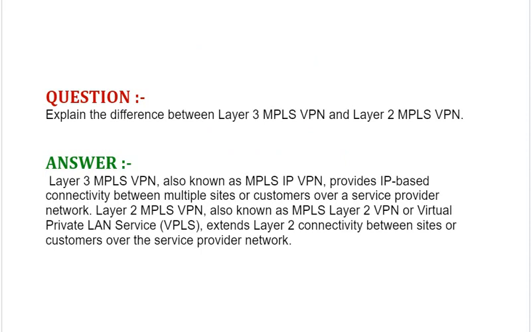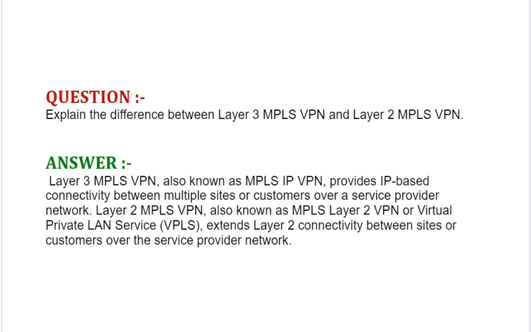Our interview question based on Service Provider Advanced Routing Solutions is: explain the difference between Layer 3 MPLS VPN and Layer 2 MPLS VPN. Your answer should be: Layer 3 MPLS VPN, also known as MPLS IP VPN, provides IP-based connectivity between multiple sites or customers over a service provider network.